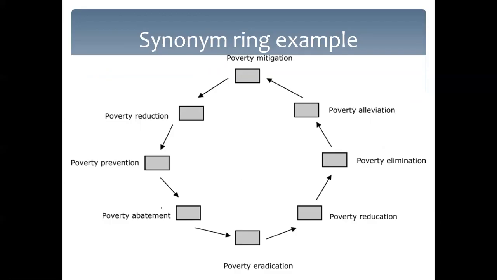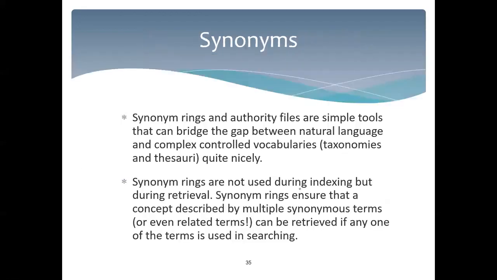Now, someone who is a very granular searcher, and they really just want things that are about poverty elimination, they may not really be interested in these other things, but they may still end up getting sort of served or see those other things. We see a lot of this when we're searching in Google, right? Where it's like searches are close, but not quite. And a lot of that's just sort of weighting of terms, weighting in terms of ranking and trying to decide which term is the best. But there's a lot of this kind of thing of trying to figure out what you might want besides what you've typed in.